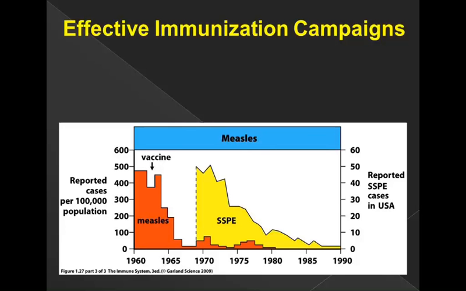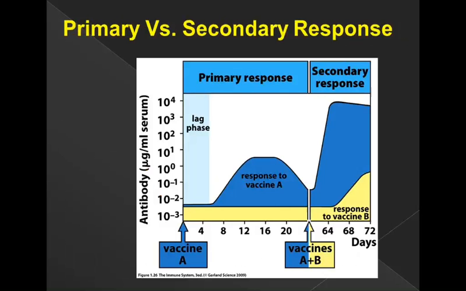But we have had a lot of effective immunization campaigns, and we've talked through some of those as we went through earlier parts of this chapter. One of the reasons that immunizations are effective is because of what's depicted in this particular graph. If you've never been exposed to a specific pathogen and the antigens that it produces, the first time that pathogen gets into your system, it has between a week and 10 days of free reign.